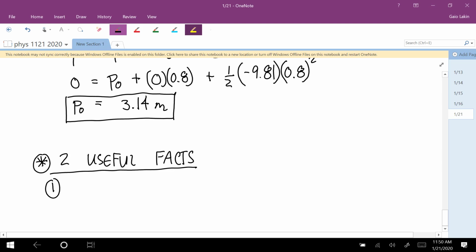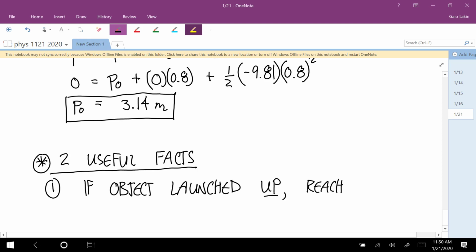The first one is if an object is launched up, then it reaches its highest point when the velocity is equal to 0.